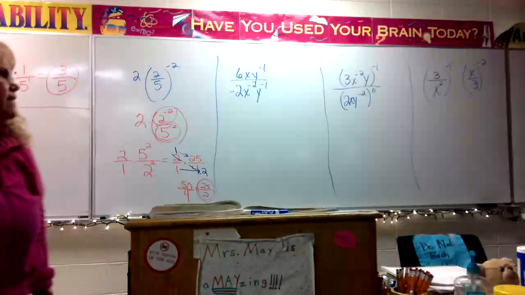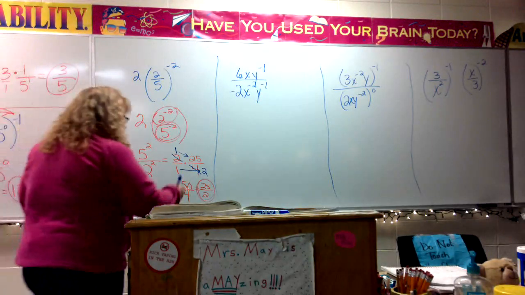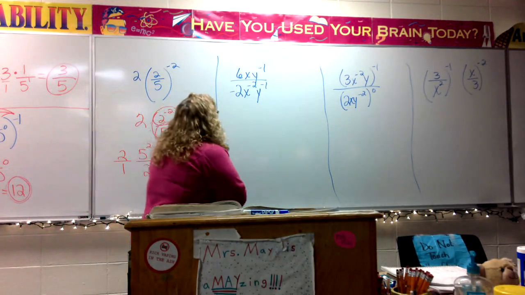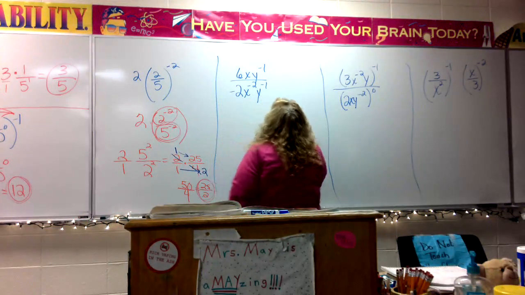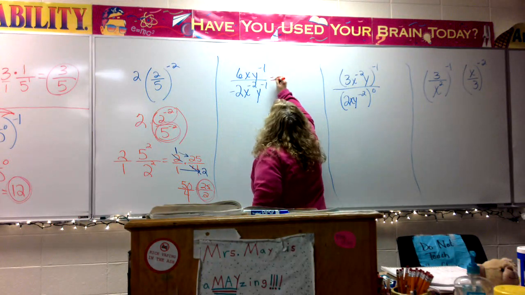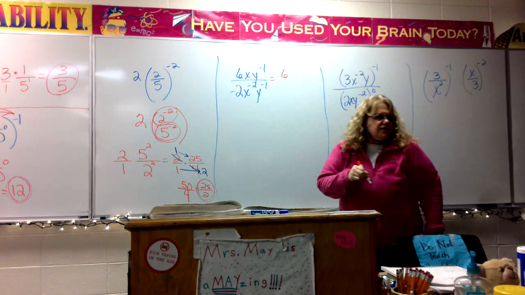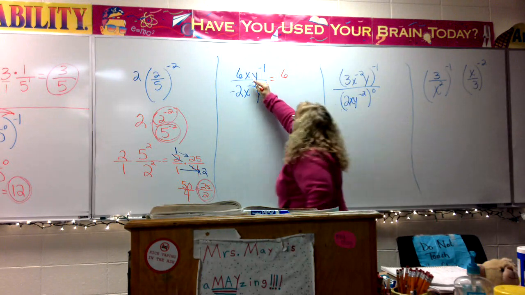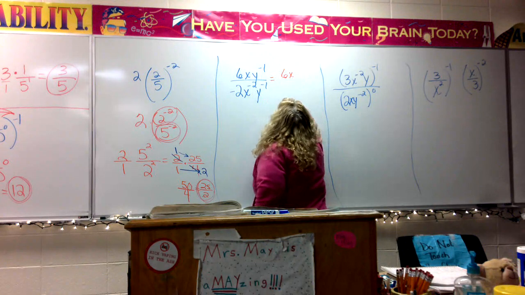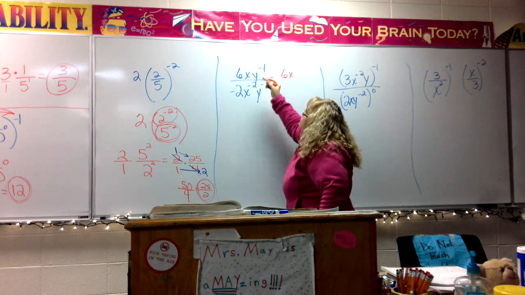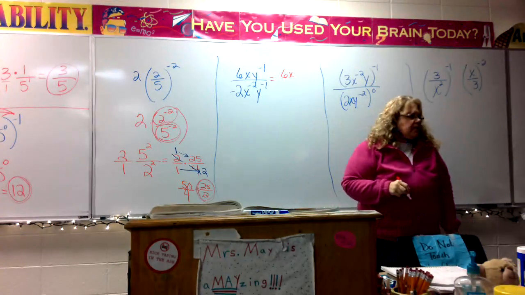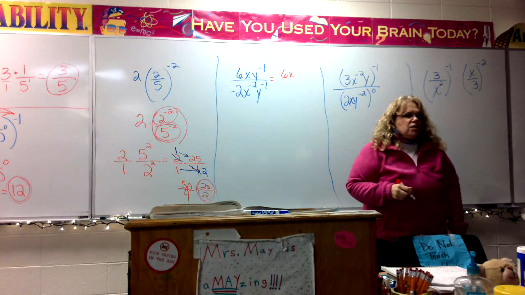Are we good so far? How about this one? I have no parentheses. See the 6? It's just a regular old 6, so I'm going to leave it there. See the x? It's a regular old x, so I'm going to leave it there. But what about that y? It's negative 1, so where should I put it?